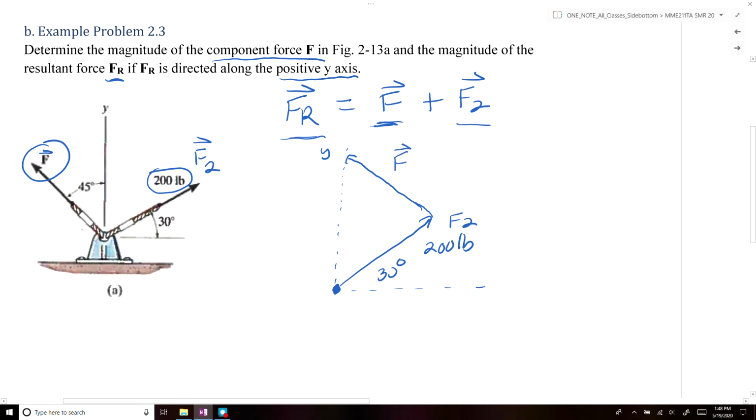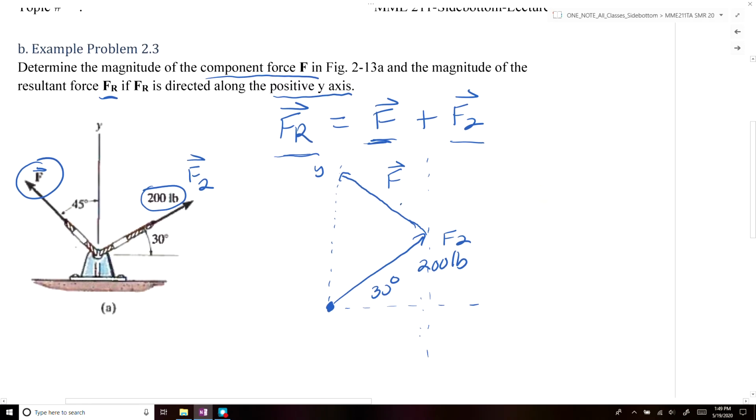We know that our force F acts at a 45-degree angle with the positive y-axis. If we draw out a triangle for force F2, the other angle here would be 60 degrees.